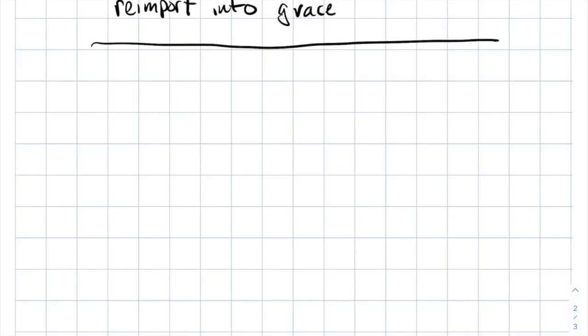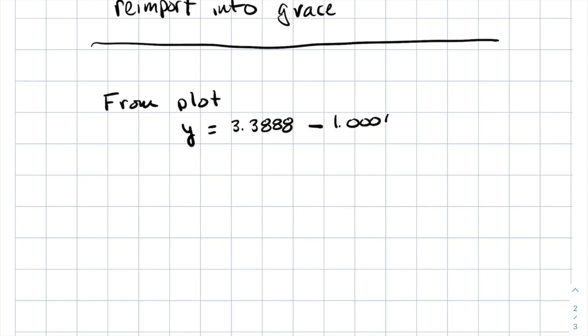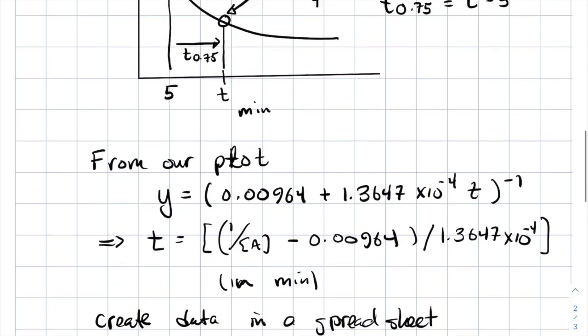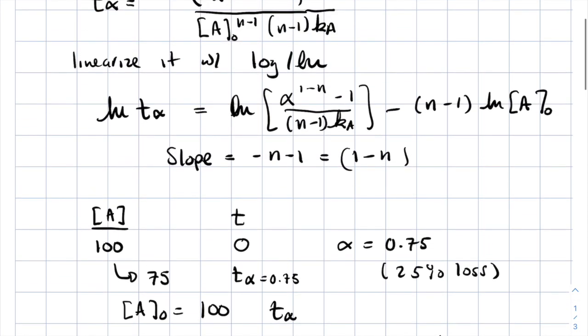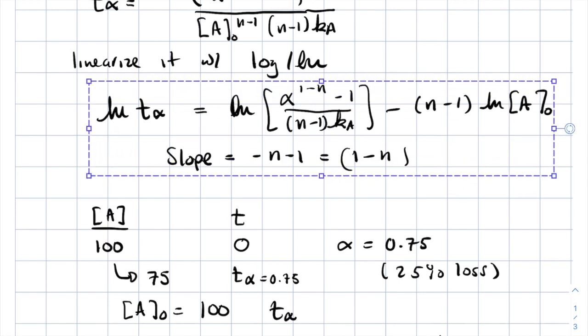All right, we're back. So if you recall, from the plot, the equation was y equals 3.3888 minus 1.0006x. Now, if we compare this with our equation that's up here, right? We could just go ahead and copy this.